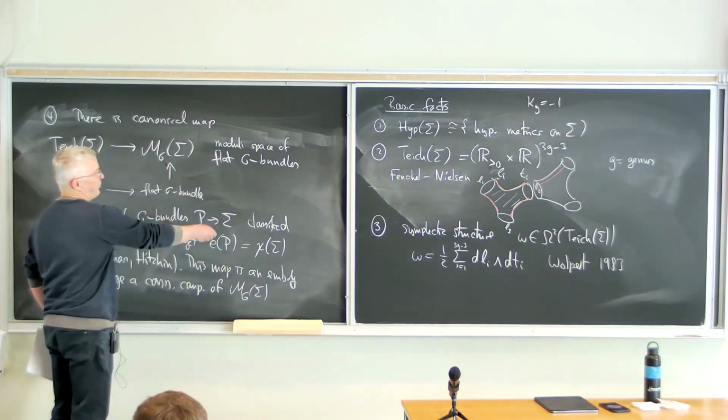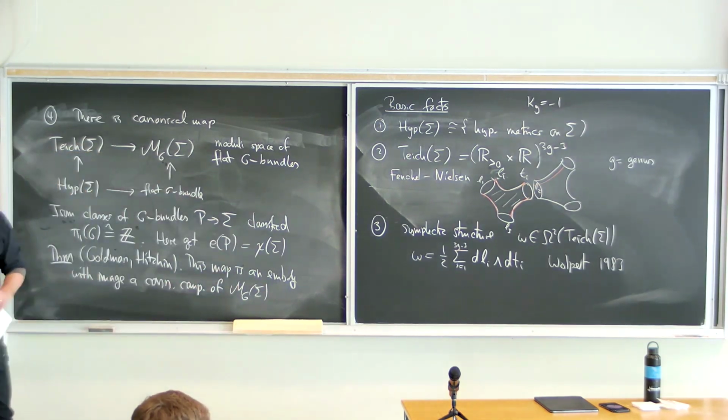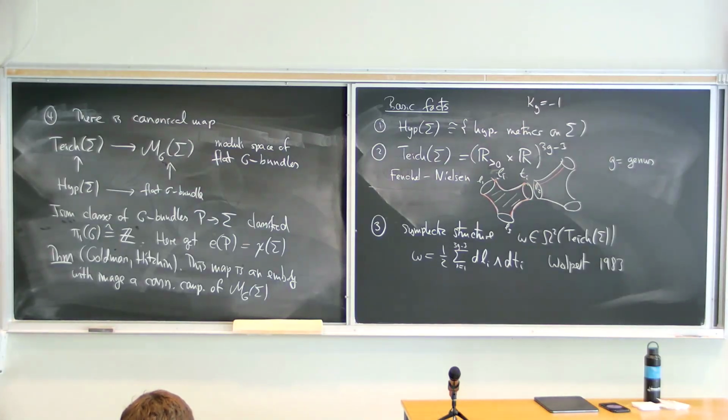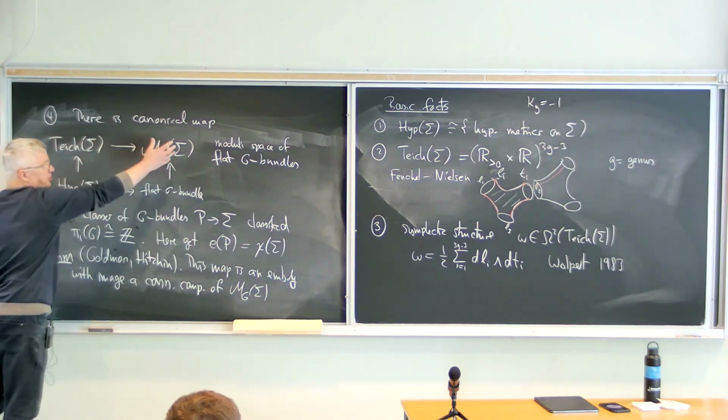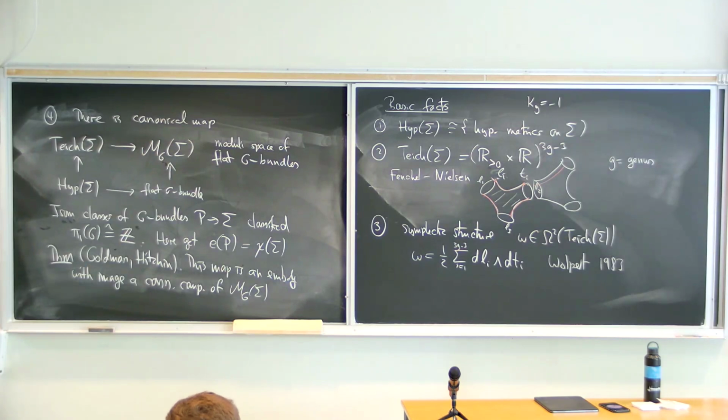Namely, the connected component corresponding to that Euler characteristic. It's exactly that. That was proved, when was it, 87? Yeah, 87, 88. Yeah, 1987. So you can view Teichmueller space as a connected component of the moduli space of flat G bundles.